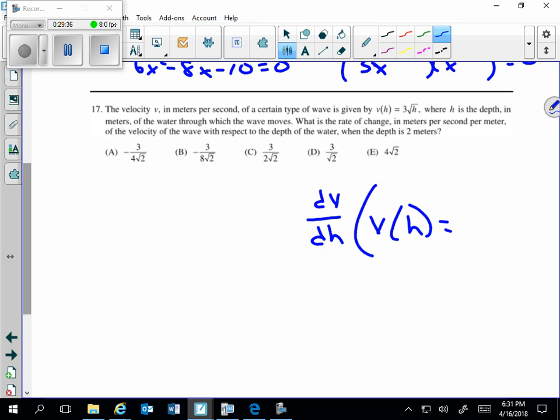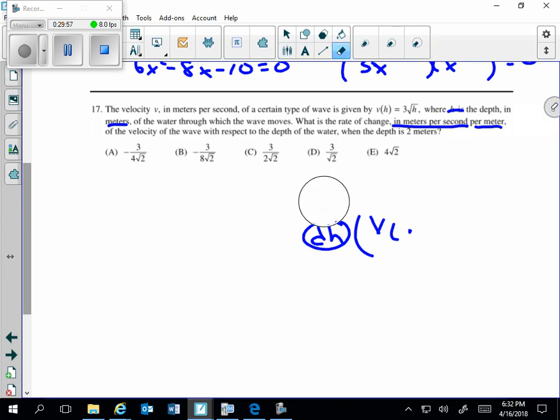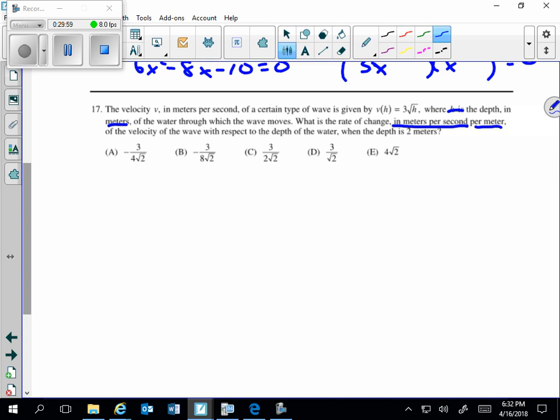Are my new units meters per second per meter? Yeah, because dV is the change in meters per second, the change in my velocity, divided by the change in my meters, because H is in meters. So I'm simply looking for the derivative of this velocity equation with respect to h.